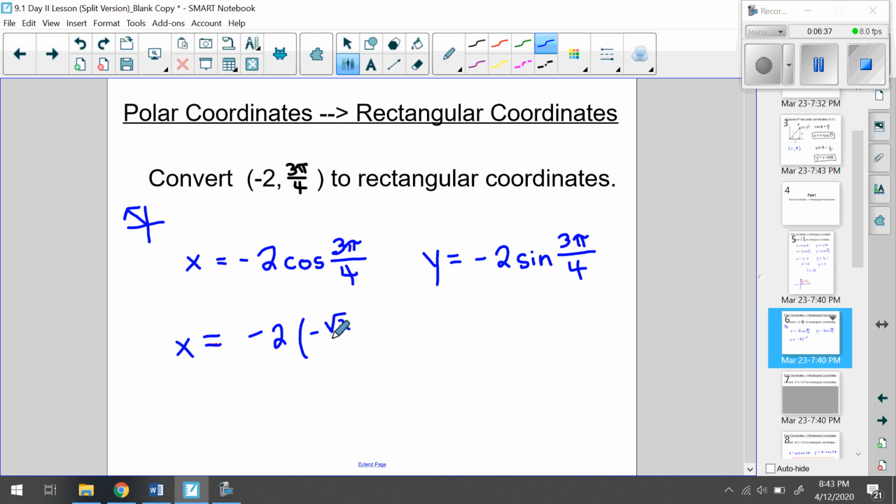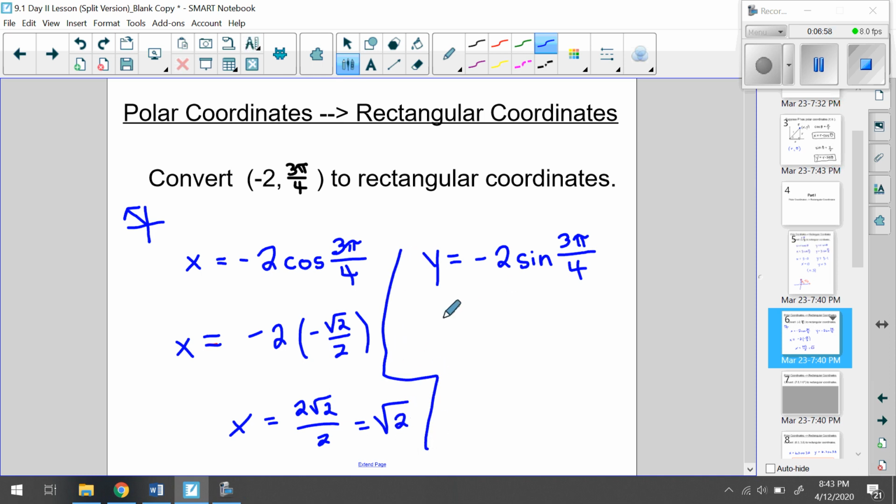All right, so then we can multiply those two together, and 2 negatives are going to make a positive 2 root 2 over 2, which simplifies nicer to just root 2. I think that would be the best way to express that for x.